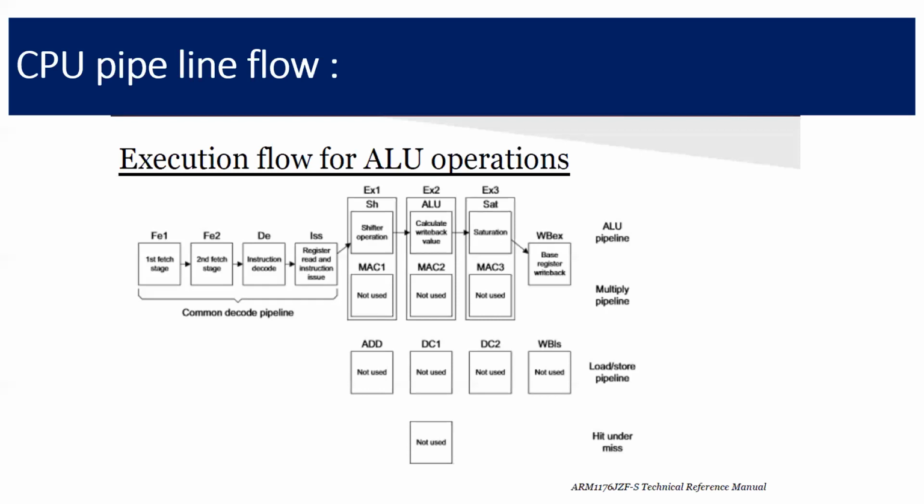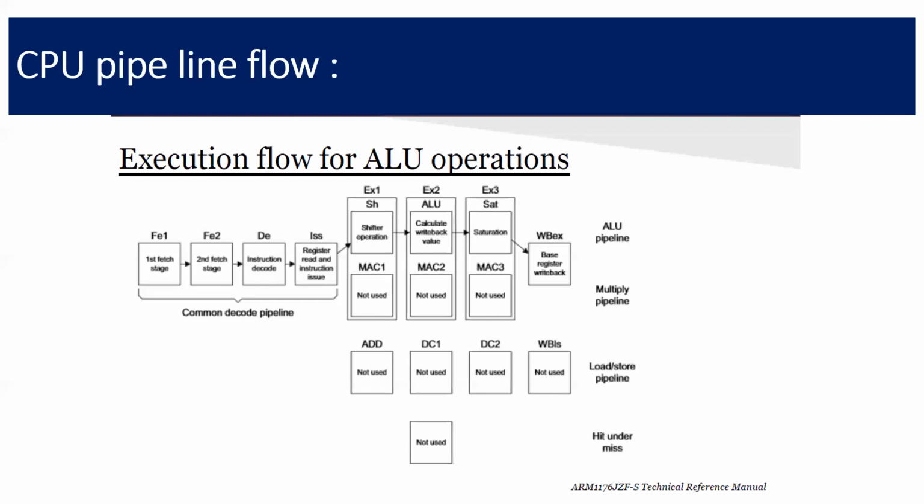The same calculations, possibly on different sets of data, are carried out continuously, and this type of architecture is particularly beneficial because these 8 operations can be performed in a single clock. So one instruction is executed per clock cycle. This is one of the important features of this pipelining architecture.